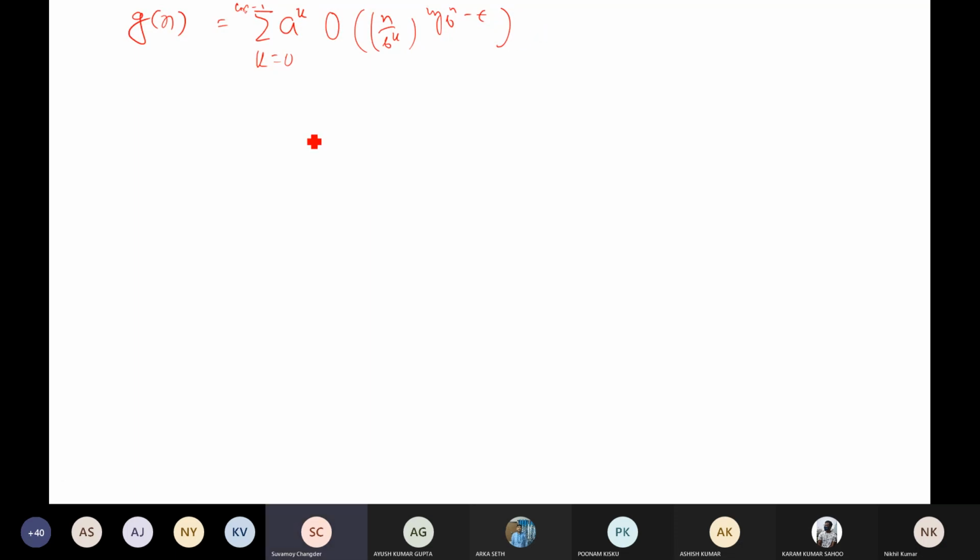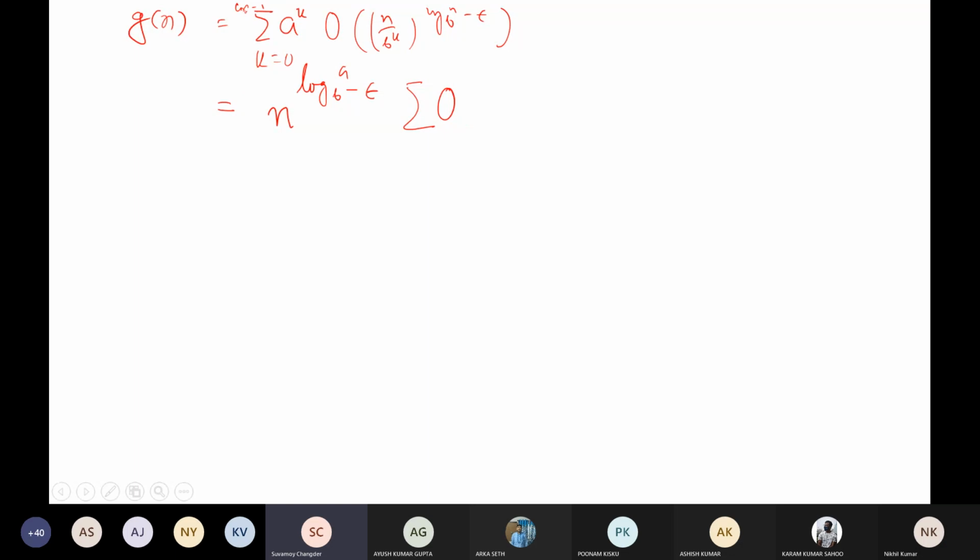So we can write this equals: n is not dependent on k, so we can take this n value outside of the summation. So we can write n to the power log a base b minus epsilon, extract this from the sum, and we can write the whole term as the big O.